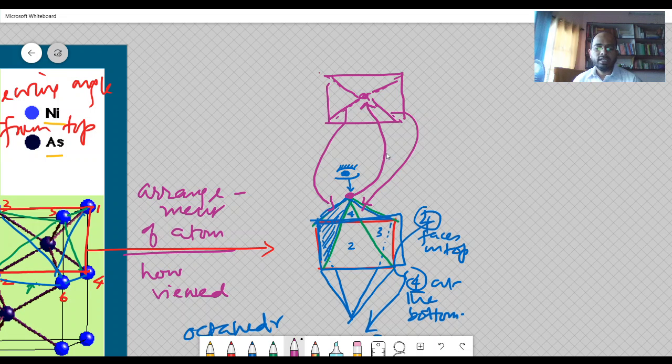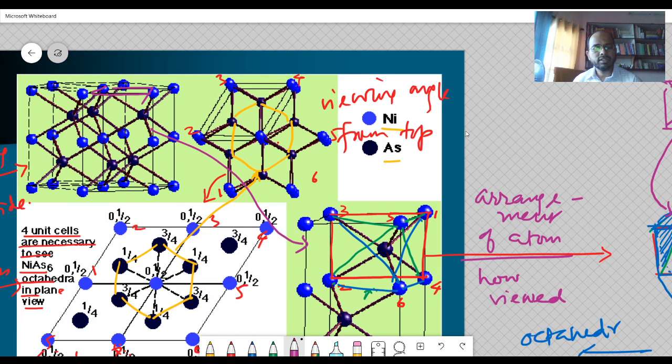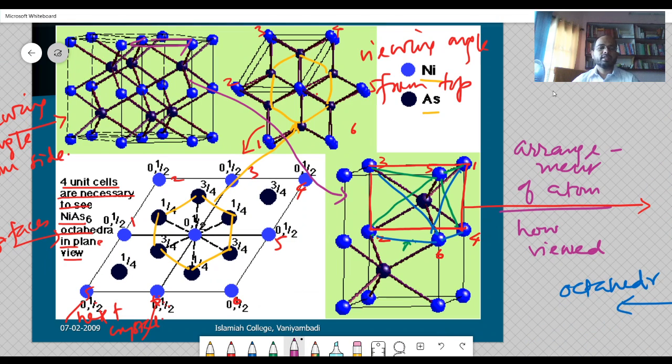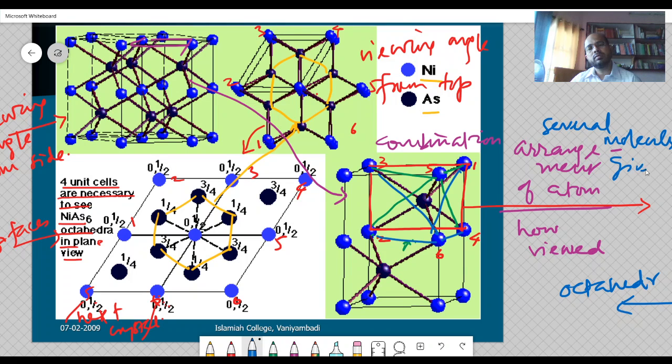So after a combination of these, this combination of several molecules gives a good crystal structure.